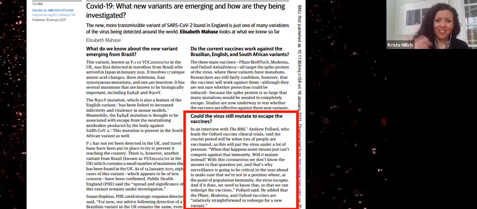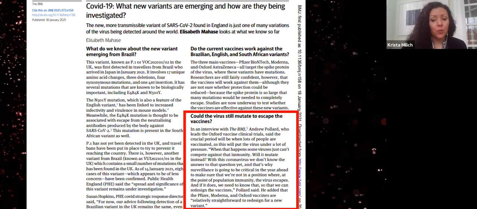That's why this lecture is on mutation and selection, because we're talking about the selective pressures that the virus is under. So the virus will be under a lot of pressure. When that happens, some viruses just can't compete against that immunity. Will it mutate instead? Keep in mind that will it mutate instead is kind of missing the point. The mutations already exist, right? But then the selective pressure can cause those mutations to become more common in the population.